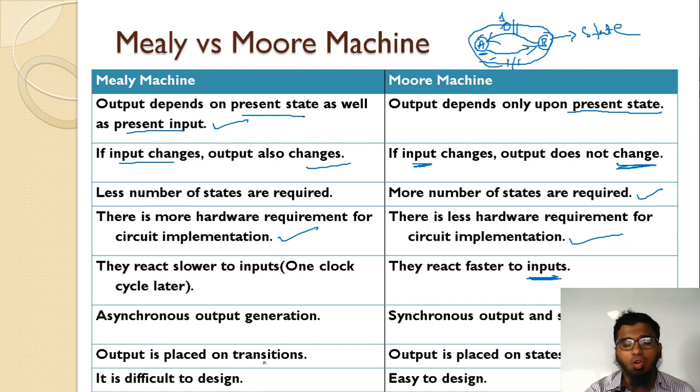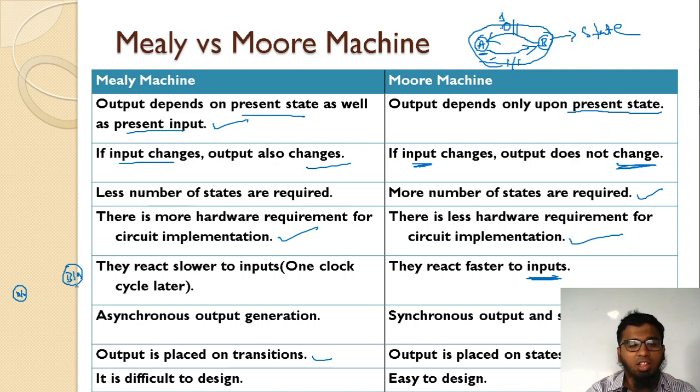In Mealy, output is placed on transition. In Moore, output is placed on state. What does it mean? Here, capital A, small b, capital B, small a.